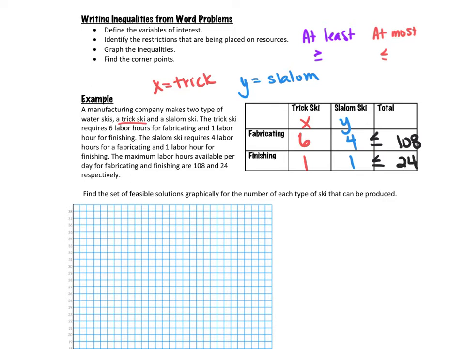So we have our equations written here, and the equations say that 6x plus 4y has to be less than or equal to 108, and x plus y has to be less than or equal to 24. All right?